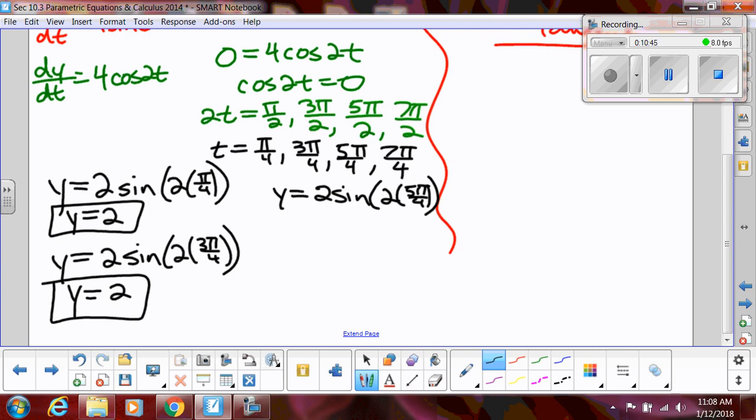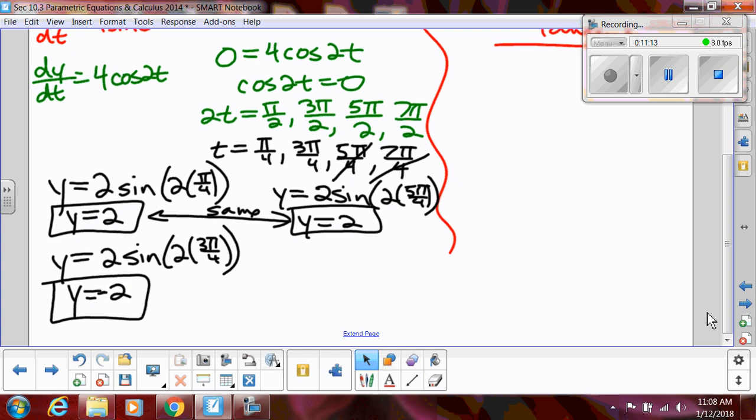So in this case, it's not really getting me a different answer. This is the same as that one. Okay, so these I don't really need. They're going to give me the same answer. Same thing if I do 7 pi over 4. Okay, so my two horizontal tangents are, ooh, I forgot the negative. Sorry about that. Is y equals 2 and y equals negative 2.